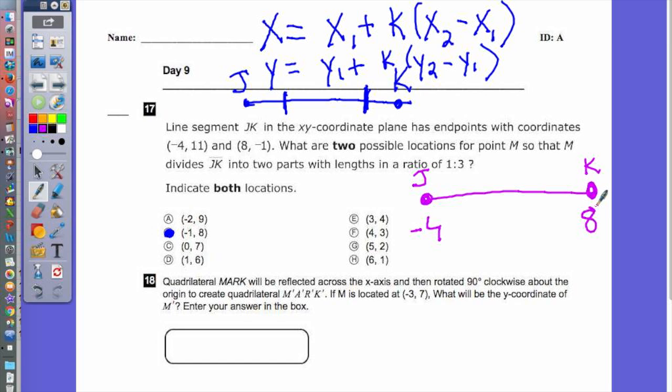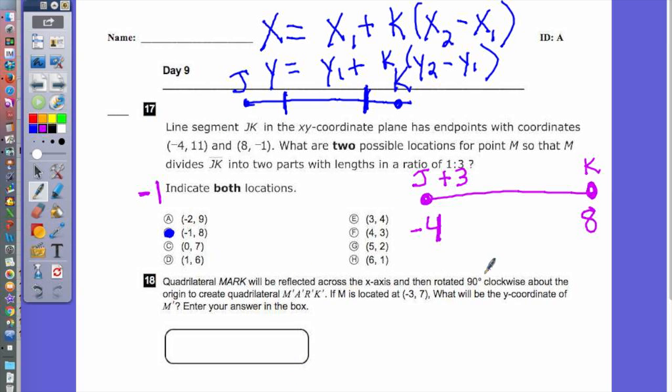That's a total of how many spaces? 12. Okay? You want to go 1/4 of the distance, correct? What is 1/4 of 12? 3. So basically you start at -4 and you add 3 because you're going towards positive land, right? So your x value is -1.